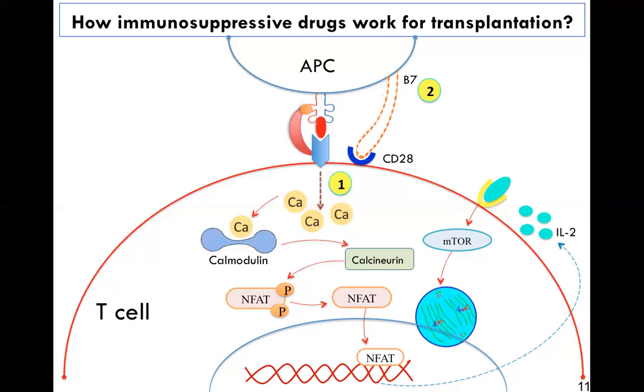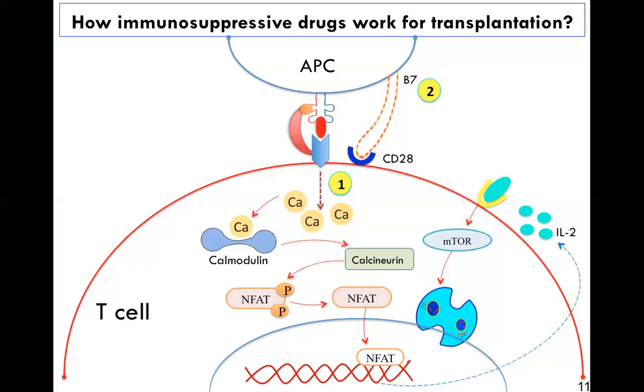Let's try to understand how and from where we can block these pathways if we want to make the transplantation successful. So far we have learned that once a T cell is activated, a cascade of events starts, resulting in the release of calcium ion.